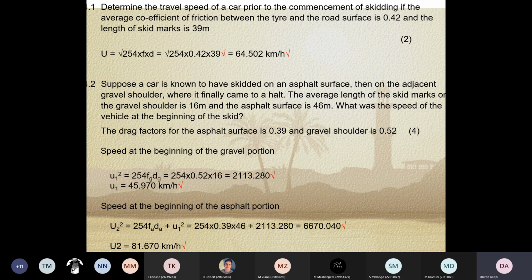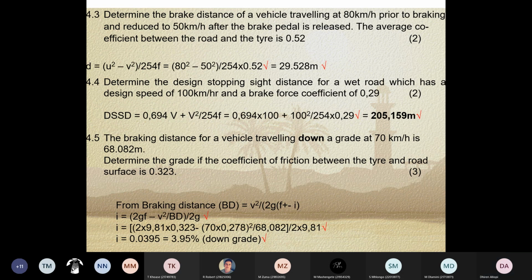So that's 4.1 and 4.2, and then finally we move on to 4.3, which was to determine the brake distance of a vehicle traveling at 80 kilometers per hour prior to braking. And of course, your speed then reduced to 50 kilometers per hour after the brake pedal is released. The average coefficient between the tire and road surface was given as 0.52.